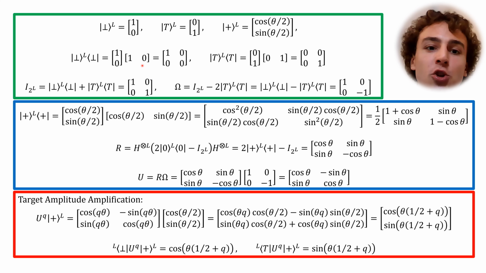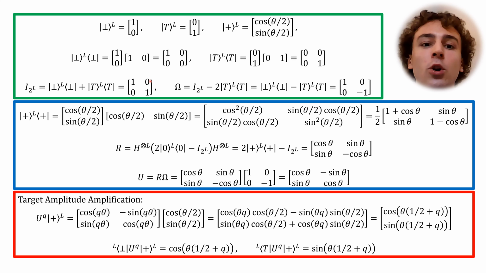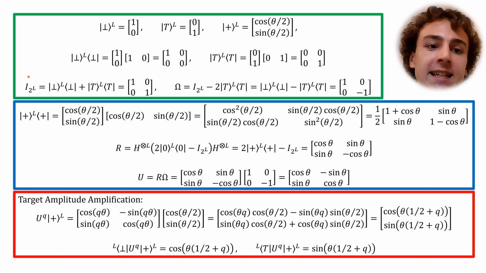This is a 2x2 matrix representation, but we're not acting on a single qubit with this operator. This operator is actually acting on states that describe an L-qubit system. The dimension of the Hilbert space is 2 to the power of L, so we're specifying that in the subscript.